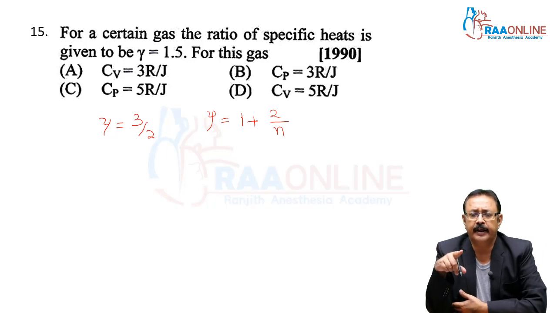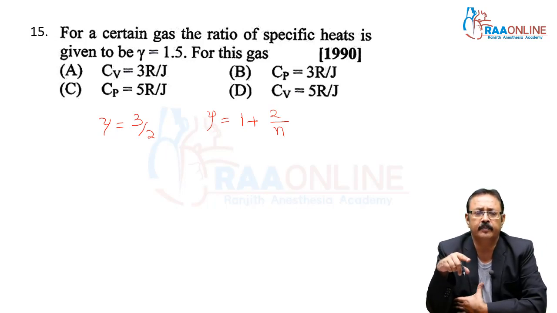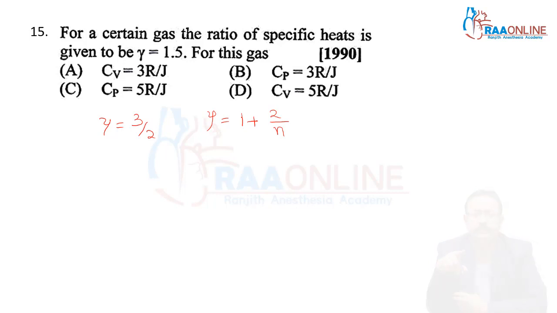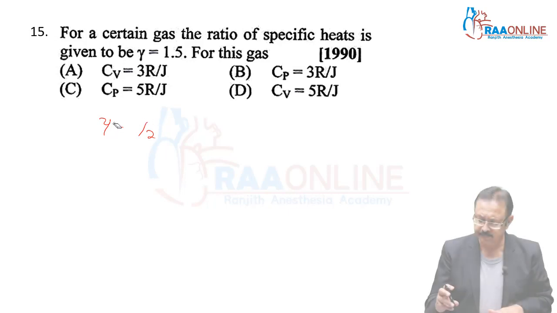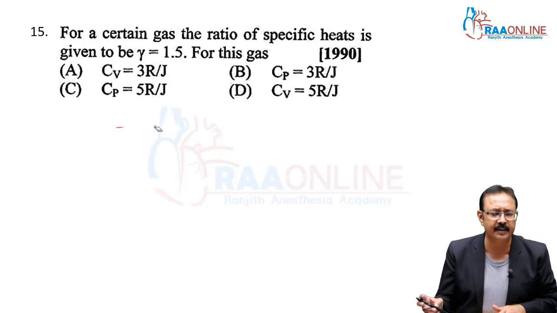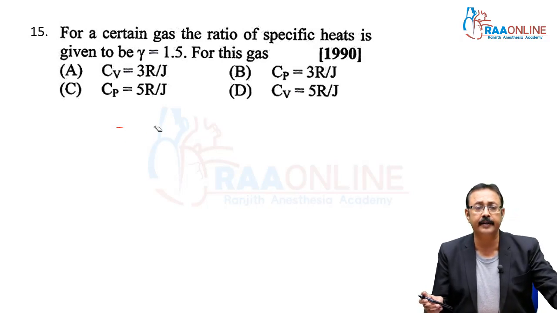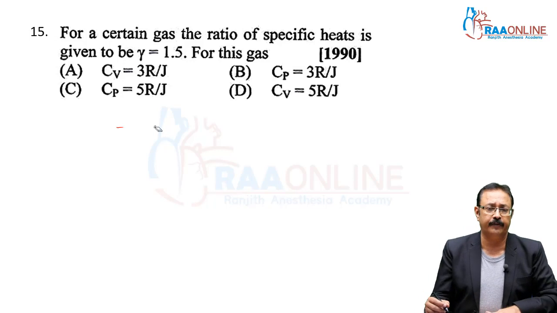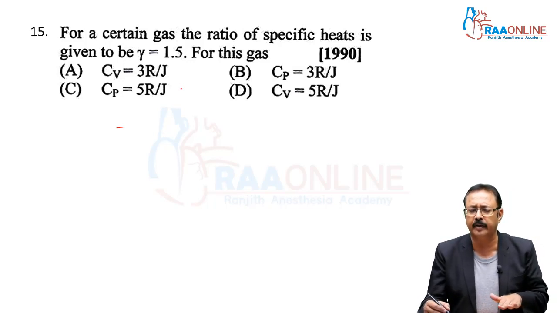Gamma we can calculate by degrees of freedom also, so in this way we cannot proceed. So what will we do? We will go by definitions only. We know that the gas is not a known gas, they are saying gamma is 1.5, so it means not monoatomic, not that type.